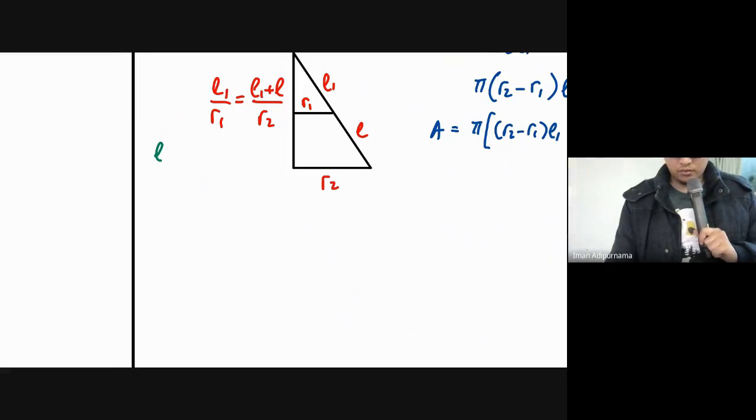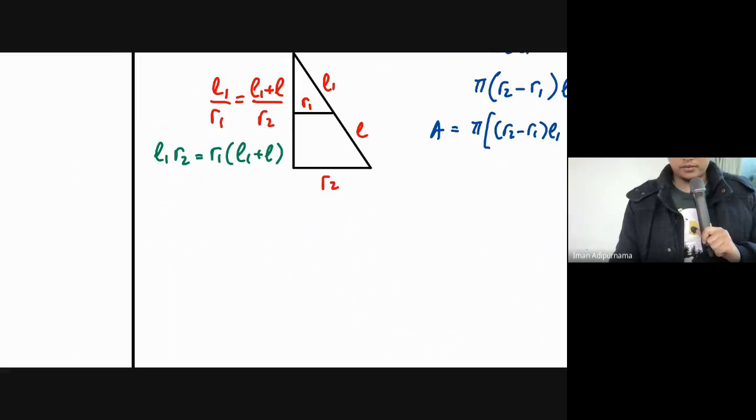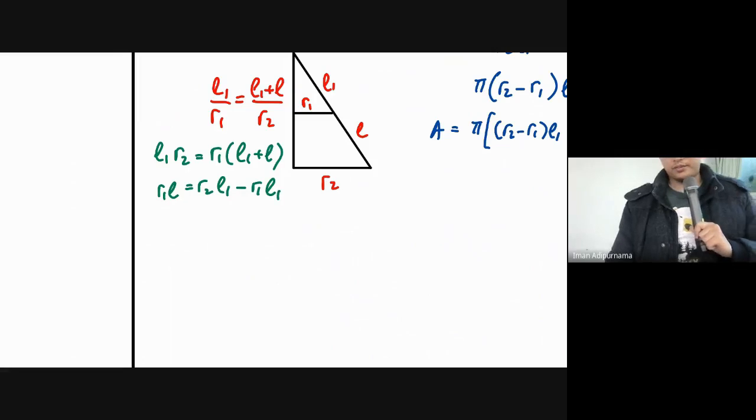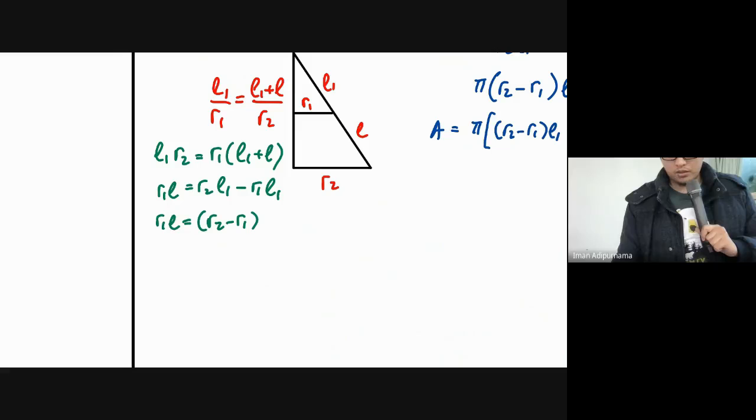So L1 R2 equals R1 times L1 plus L. I can solve this: R1 L equals R2 L1 minus R1 L1. So R1 L is R2 minus R1 times L1.